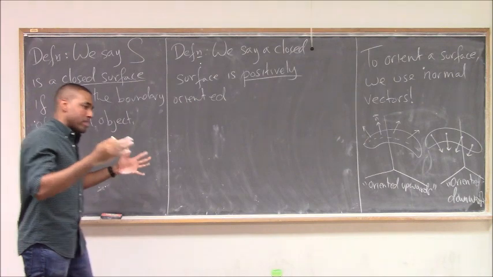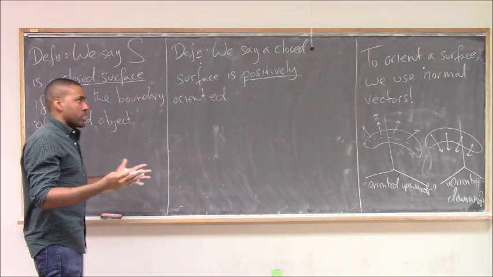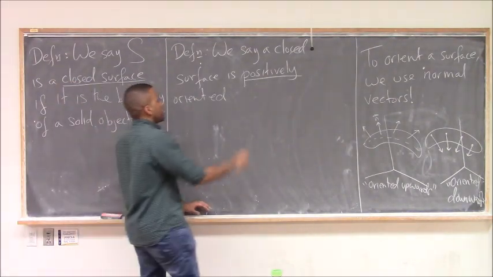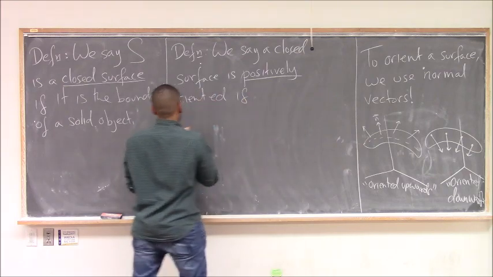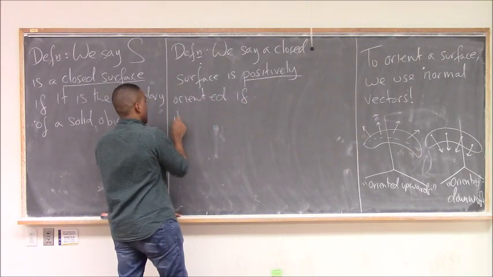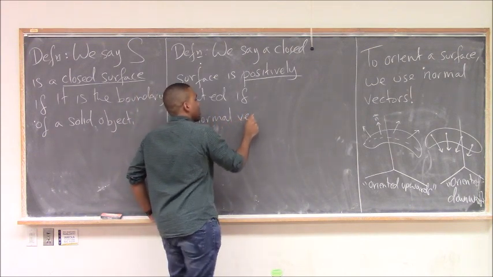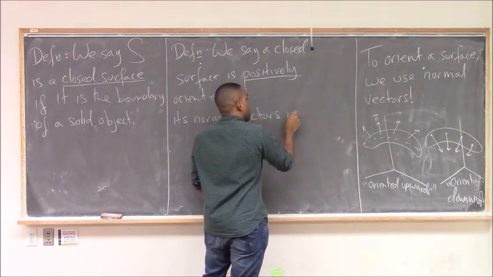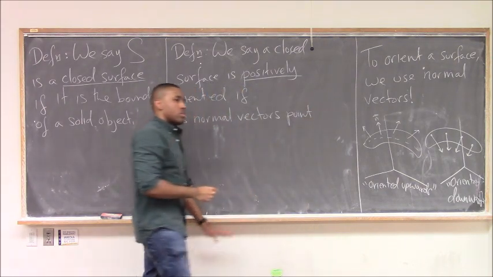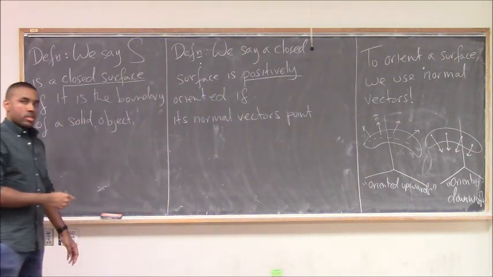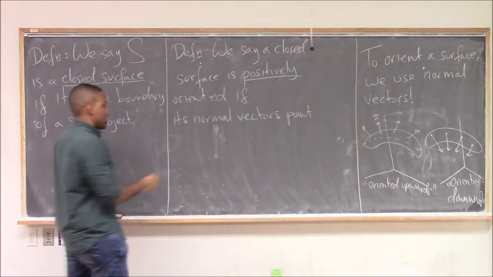I know it's kind of a definition in words, but the words are important. If its normal vectors point, does anyone know? Outwards.